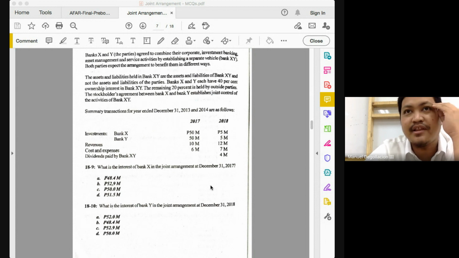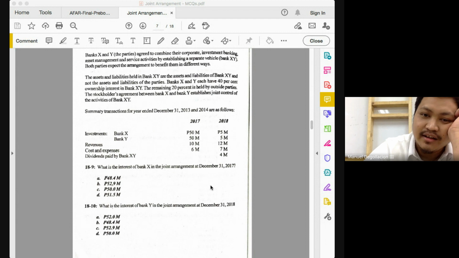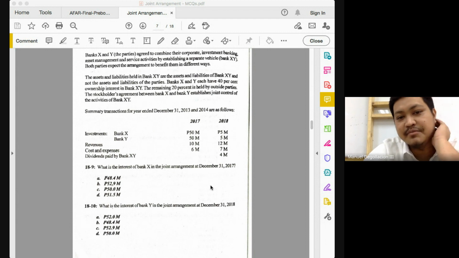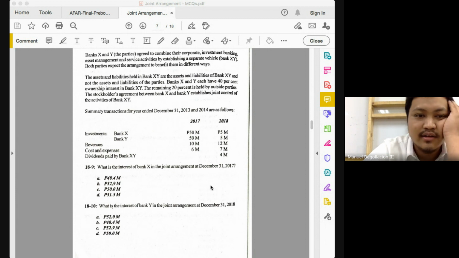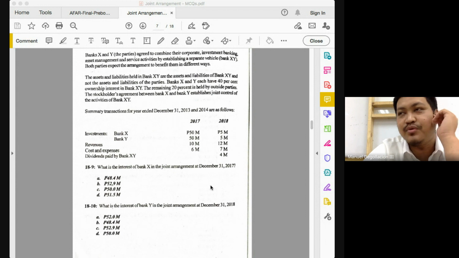What happened in 2017? Profit of 4 million. How much is the share of Y in the 4 million profit? 1.6 million. Okay, and then that means by the end of 2017, the balance is 51.6 million. Then 2018, what happened? Additional investment of 5 million. What will it do to the investment balance? Increase or decrease? Increase. Okay.